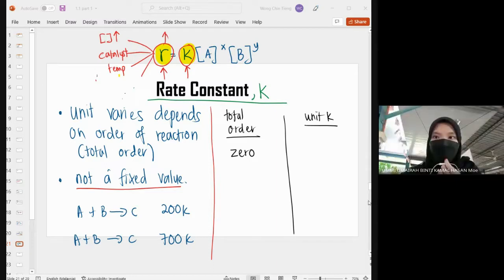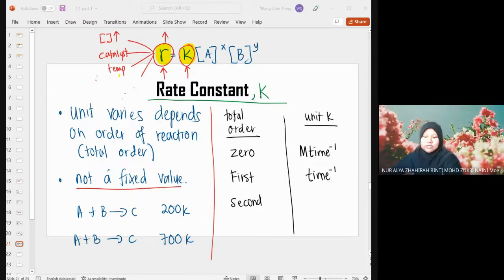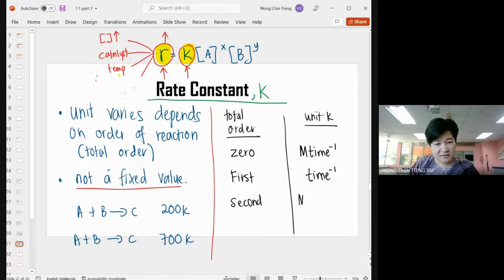Molar times time -1. Thank you, Umi. What if it is first order? Time negative 1. Thank you. What if it is second order? Molar -1, time -1. Molar negative 1, time negative 1.